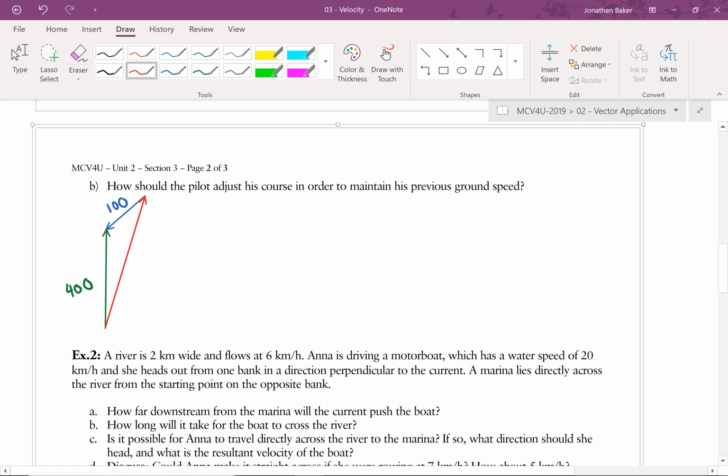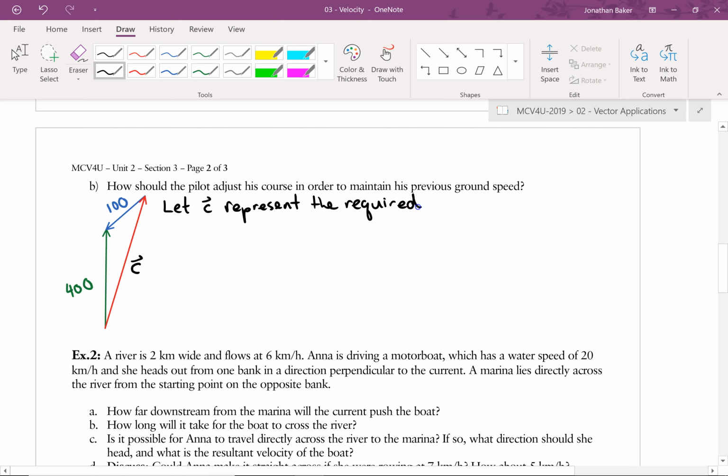Okay? So now we actually don't know the length of this or the direction of this. And so let's just add a vector here. We'll call this vector C for change. And we'll say let vector C represent the required course change.